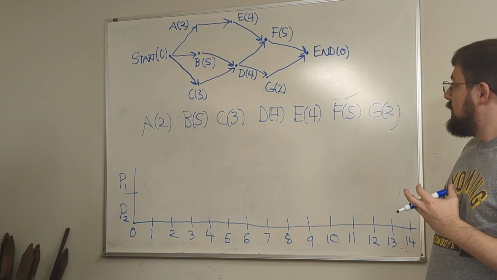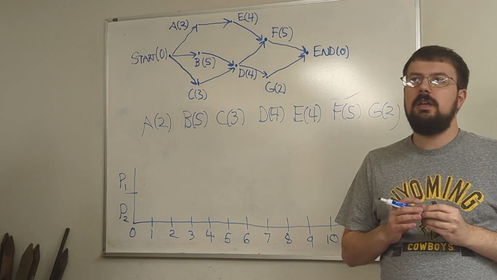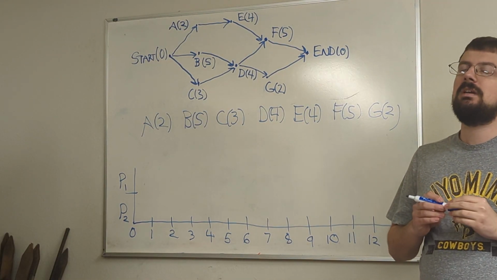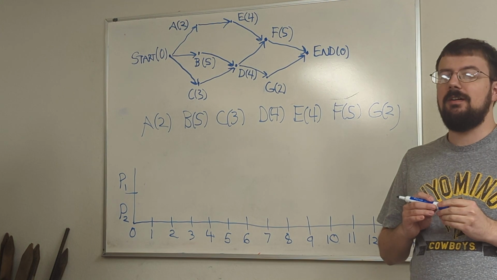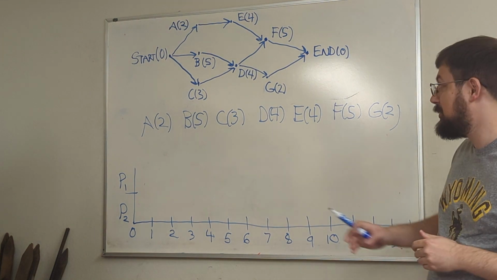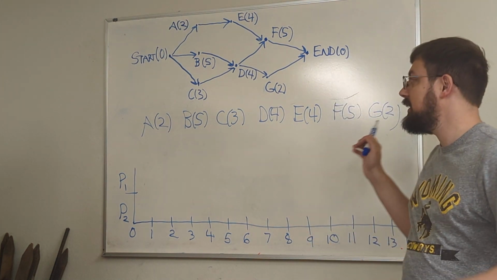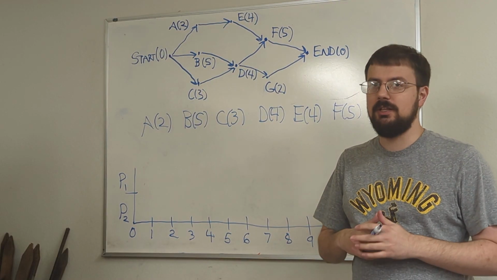Now, this is maybe not the most effective way to get a good schedule, by just making a simple alphabetical priority list like this, but it is a priority list nonetheless.